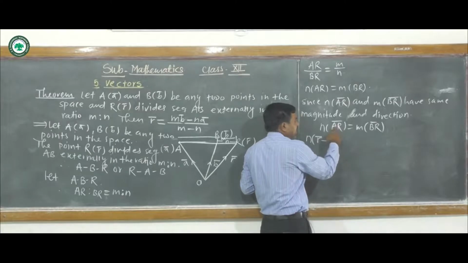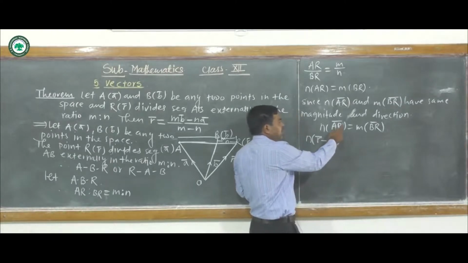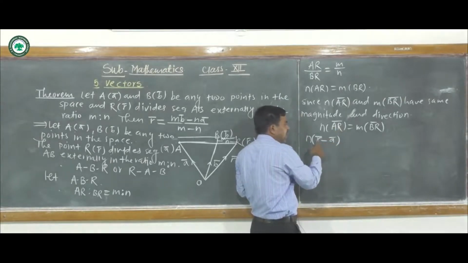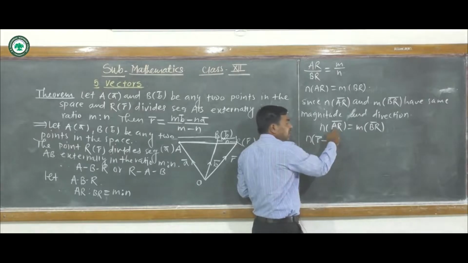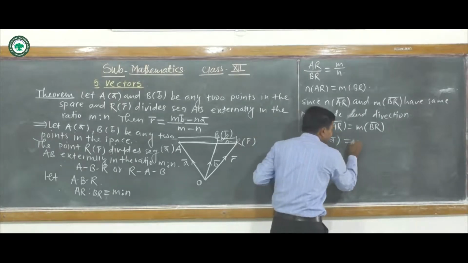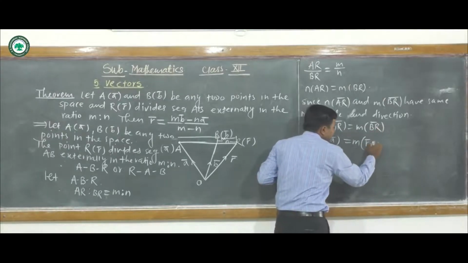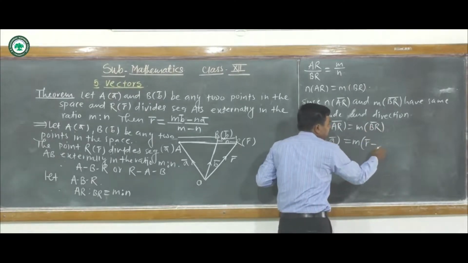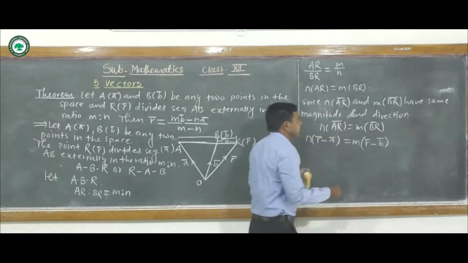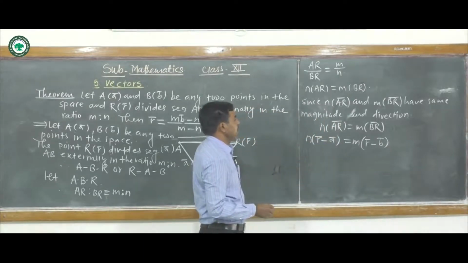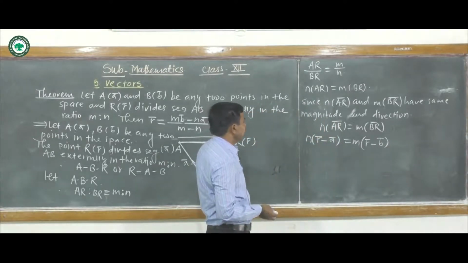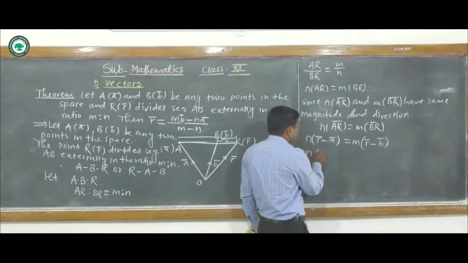AR bar is nothing but position vector of the point R, that is R bar, minus position vector of the point A, that is A bar, is equal to m into position vector of the point R, that is R bar, minus position vector of the point B, that is B bar.